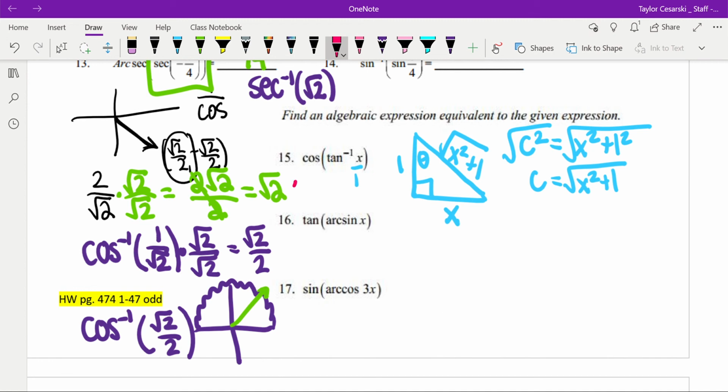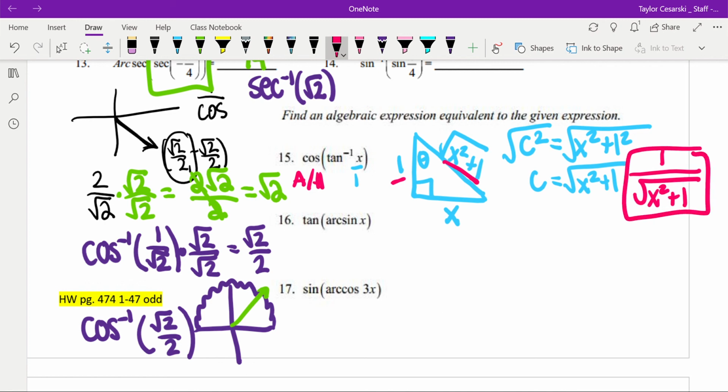Cosine is adjacent over hypotenuse. The adjacent side is 1, and the hypotenuse is square root of x squared plus 1. So my final answer is 1 over the square root of x squared plus 1, because 1 on top represents my adjacent and the bottom represents my hypotenuse.